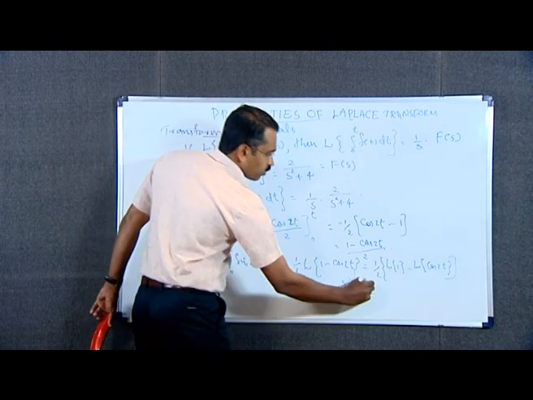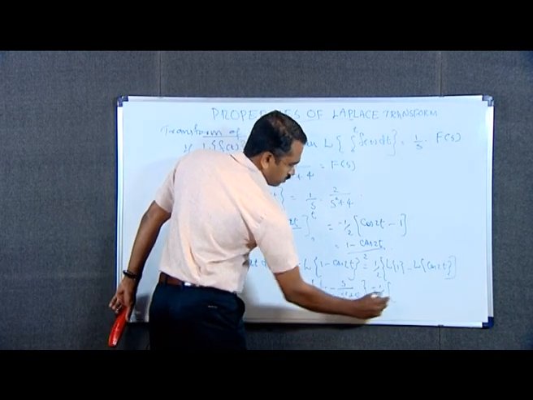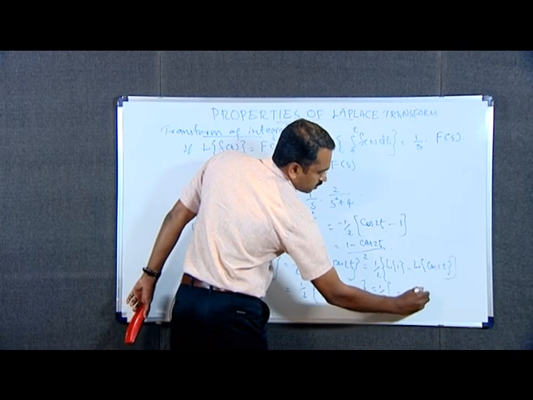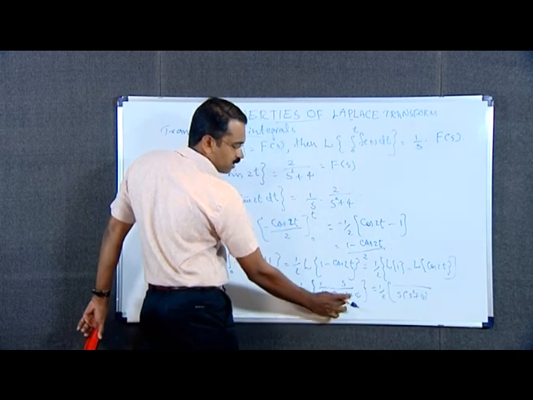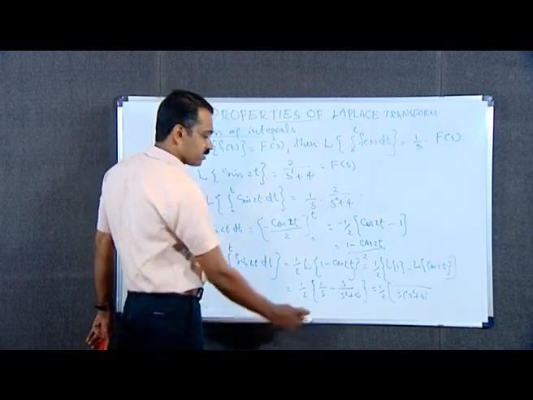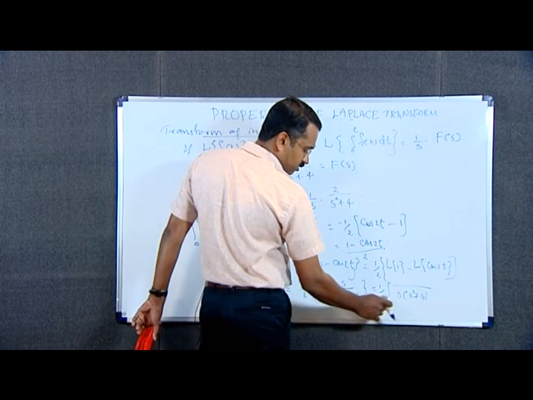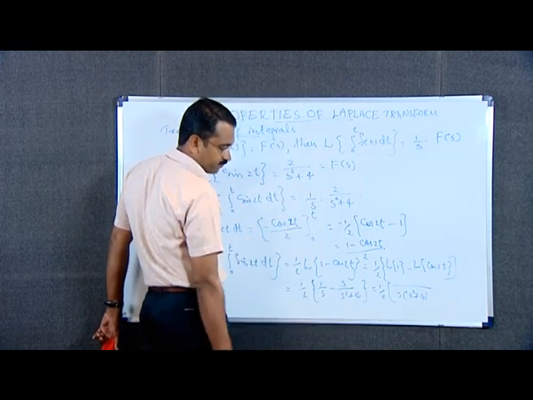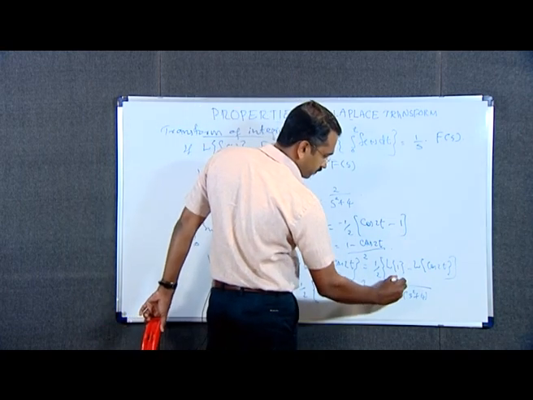This is equal to 1 by 2 into s square plus 4 minus s into s in the numerator over s into s square plus 4 in the denominator. Here s square minus s square becomes 0. The remaining term is minus 4.